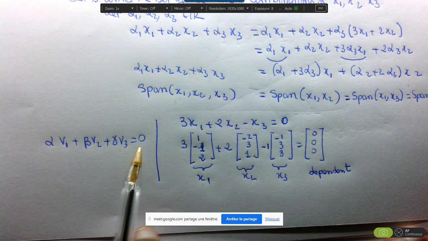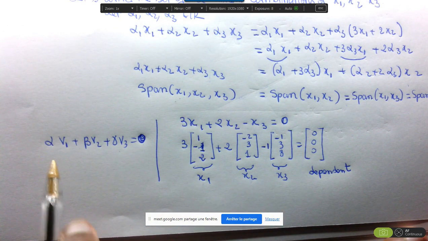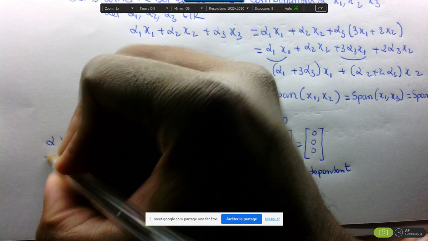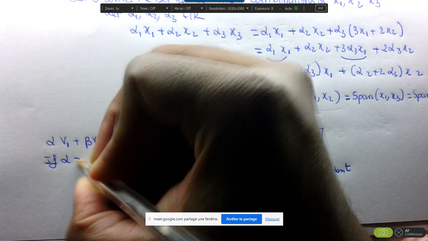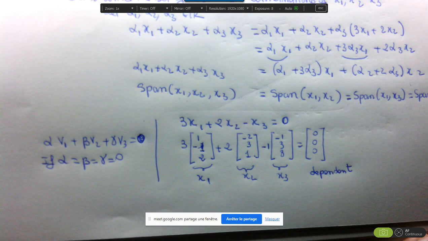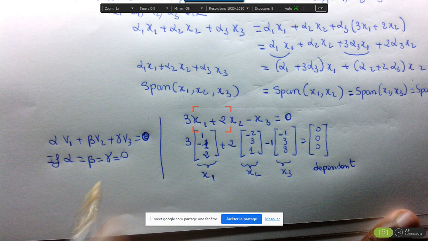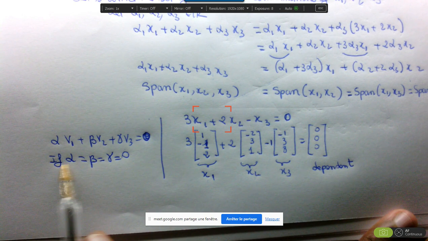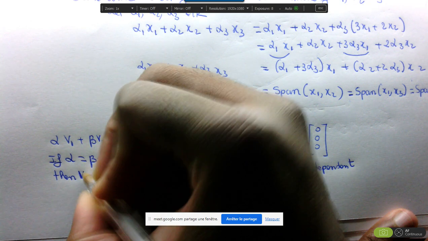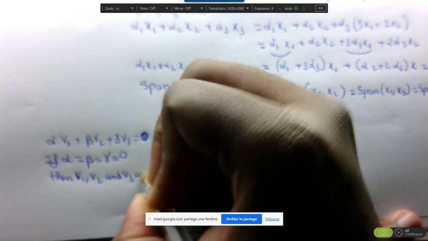For this linear combination to be equal to 0, all of them have to be equal to 0. So if alpha equals beta equals gamma equals 0, then v1, v2, and v3 are linearly independent.